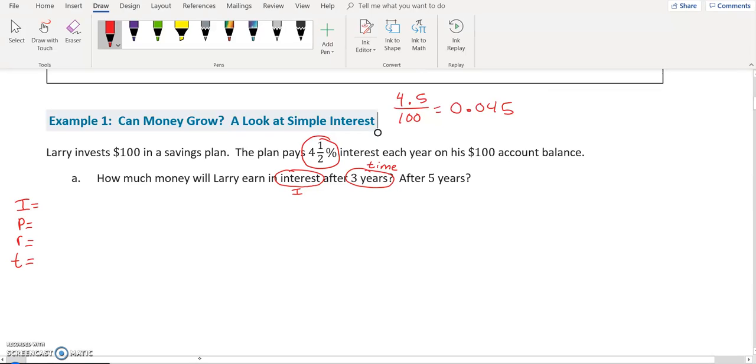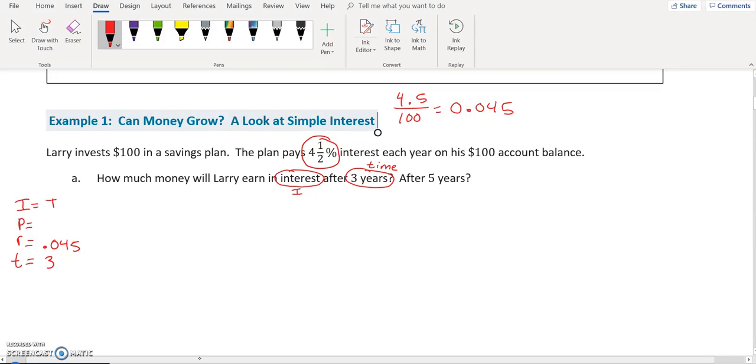And what do we know? Okay, so first of all, we have the percent, which is, in this case, our rate. Now that gets confusing, having a P and you're putting a percent in the rate. So the rate we said was 0.045, and then the time, we were given that as well. That's going to be 3 years. And then we said interest was what we were looking for because it says how much.